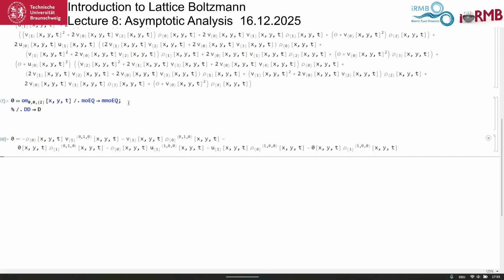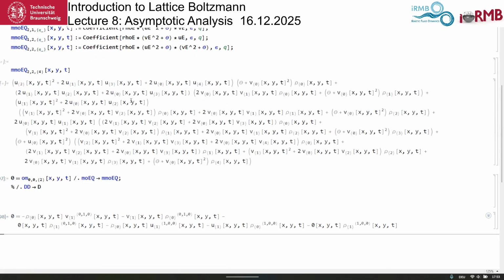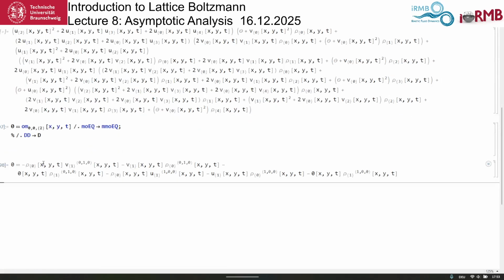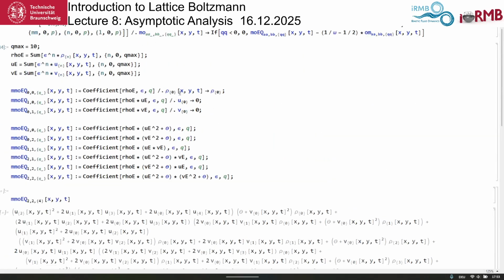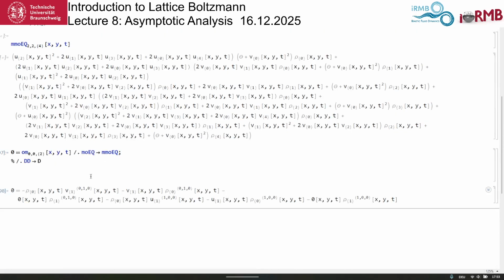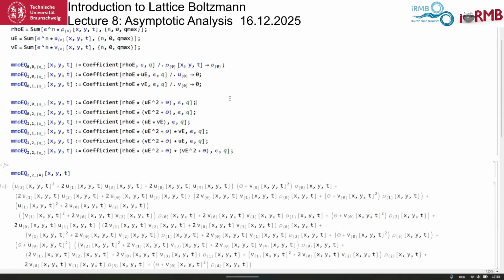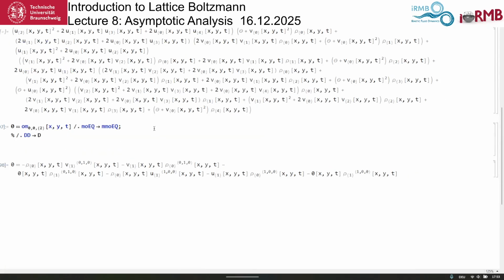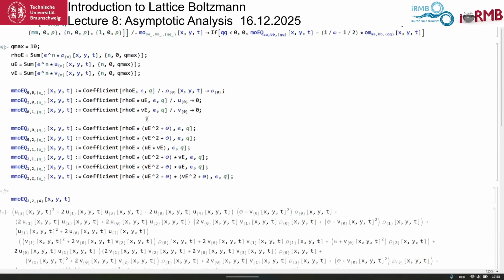So now we got these things here where row 0 is, for whatever reason, still a function of x, y, and z. Why is this again? X, y, t.